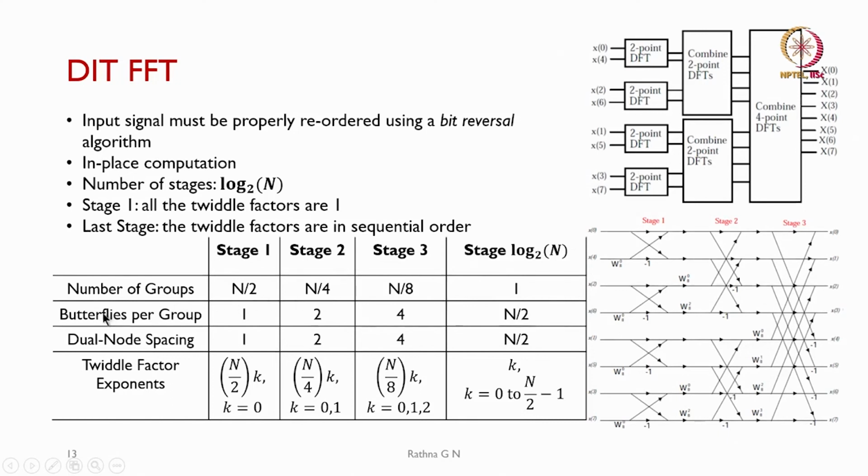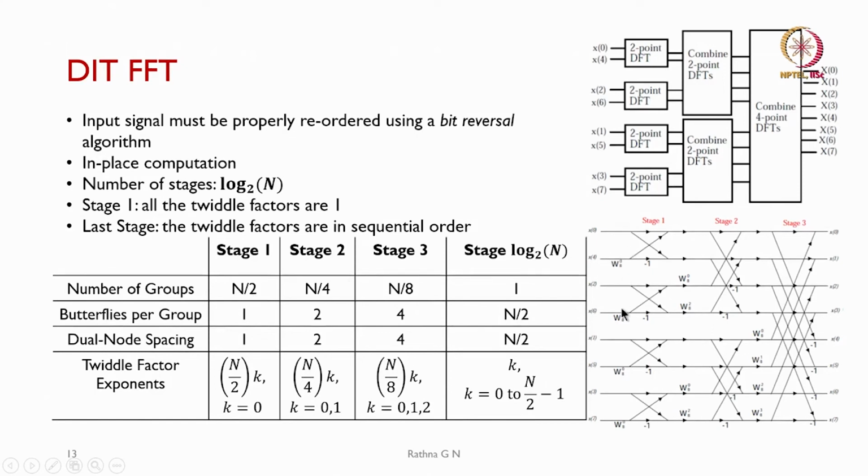Now, we will see some of the parameters with respect to our butterfly structures. First, the number of groups, how many am I going to have? Here you can see that we call each one a group. In the first stage we have n by 2, as we have taken n equal to 8, so 8 by 2 will be 4.